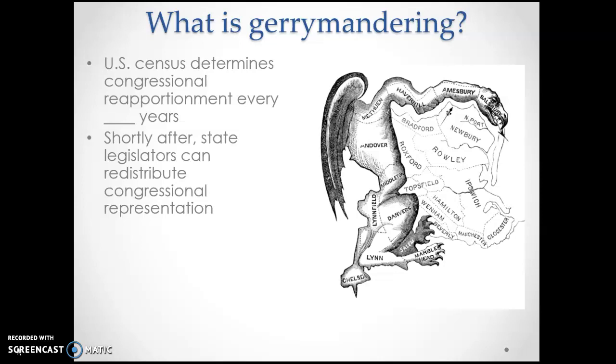And after the census is finished, about 2 years usually afterwards, because it takes 2 years to crunch the data and figure it all out, state legislators, and that's a really critical part because it's state legislators that do redistricting, get together to redraw their state's federal congressional boundaries, right?